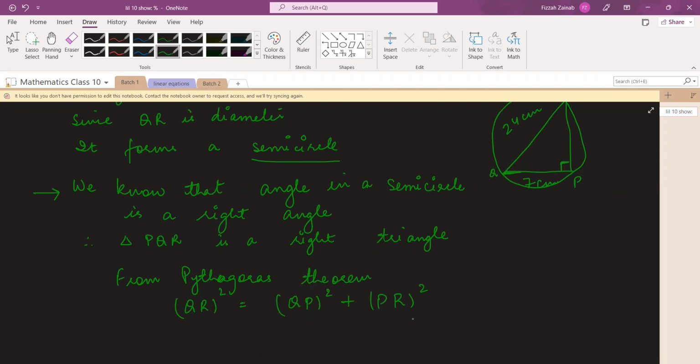Yes, ma'am. Okay, so QR is given, which is 24 centimeter whole square. QP is given, which is 7 centimeter whole square, and plus PR square you have to find.